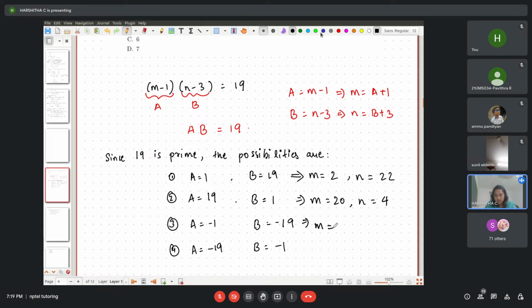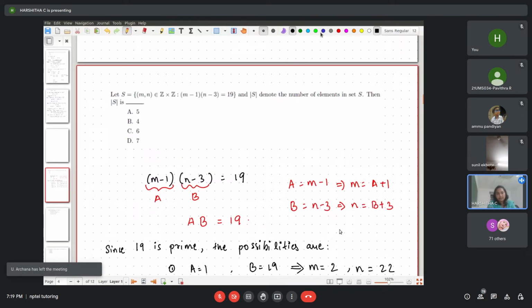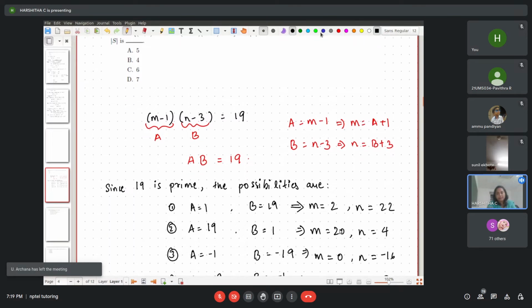So here your m is, right. So you only have 4 possible choices for m and n, or rather the tuple m comma n.